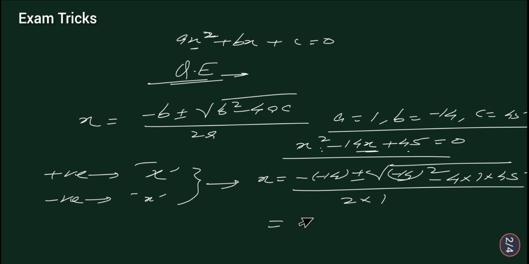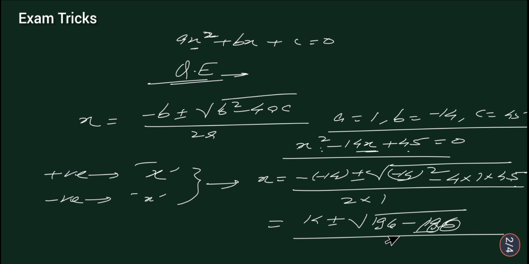Now we solve it. Minus of minus 14 is 14, plus minus square root of 14 square, which is 196, minus 45 into 4, which is 180, divided by 2.